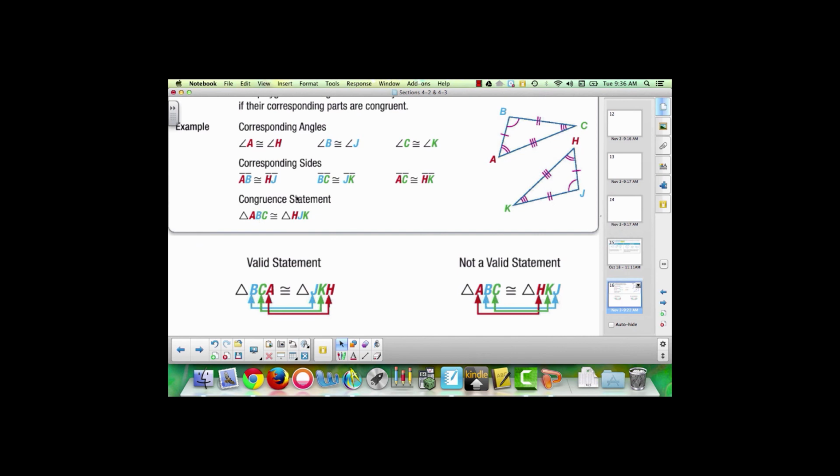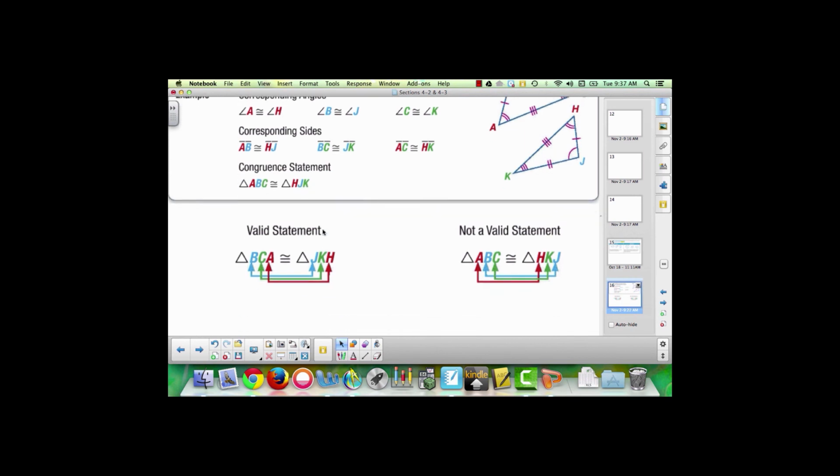Same thing for angle B and angle J, angle C and angle K. The segments also must be in the same order. AB and HJ are corresponding sides and are congruent, and therefore must be in the same place. BC and JK, AC and HK also.